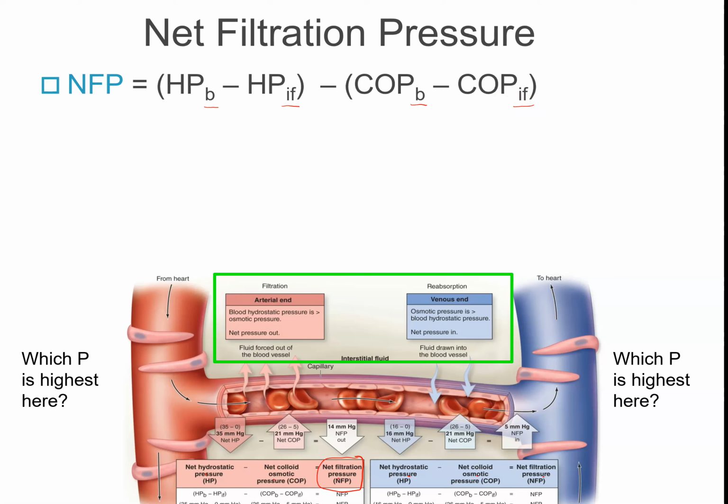And so that's your net hydrostatic pressure and your net colloid osmotic pressure. And that's what you see here. The net hydrostatic pressure minus the net colloid osmotic pressure is the NFP, which is the net filtration pressure. And it's the same thing over here, but the numbers are going to be different. So here's the deal. Here's the pattern.